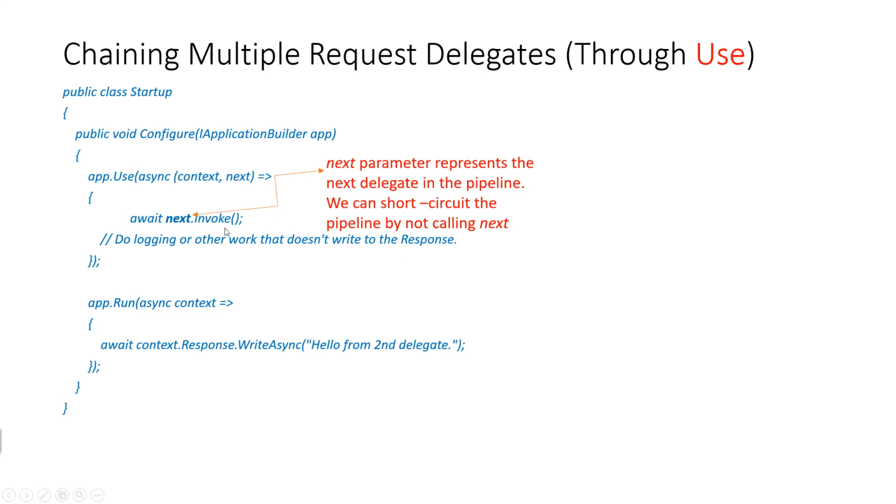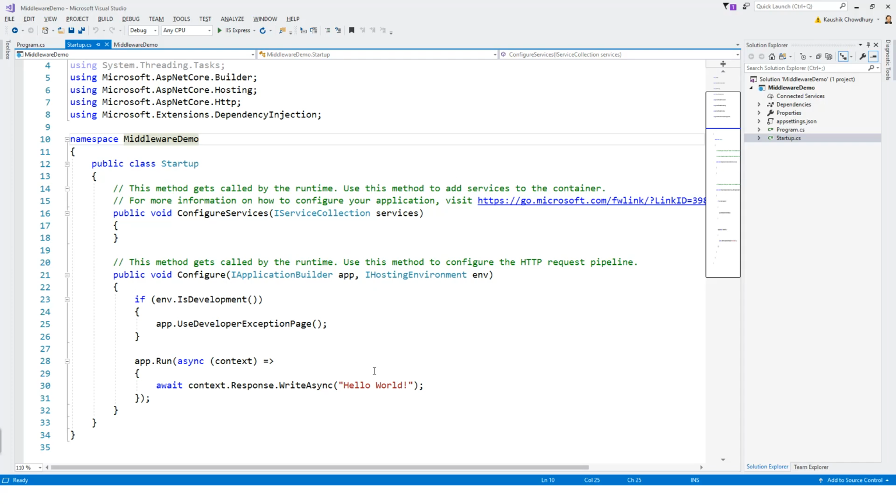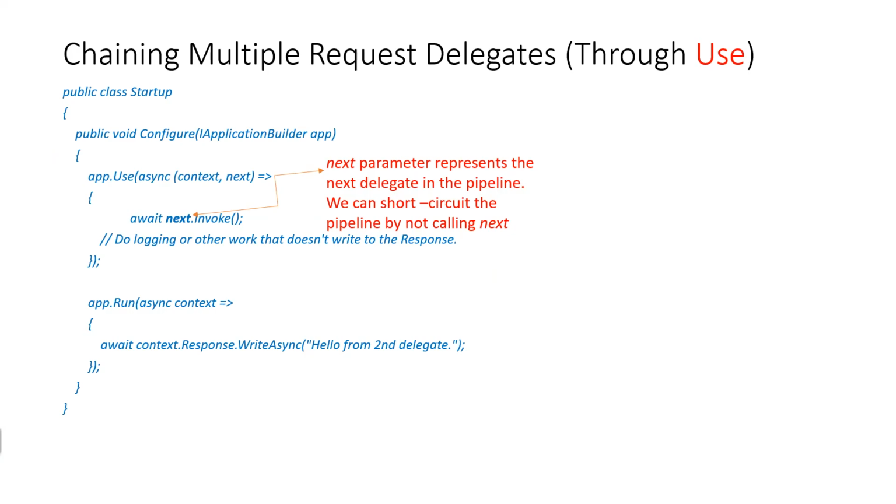If you don't write this line, or call the next parameter, you can short circuit so that it gets returned from the middleware that breaks the chain. Now here you can see I can create a little custom delegate or middleware.